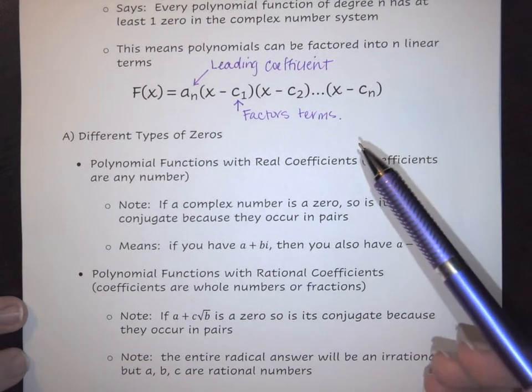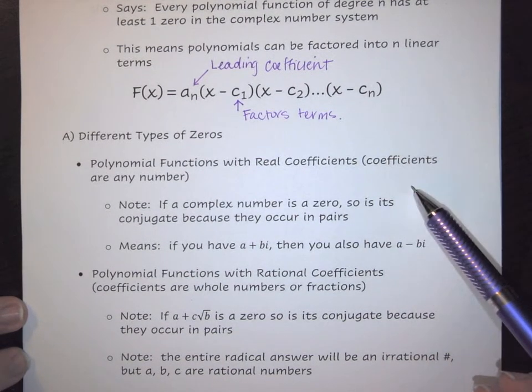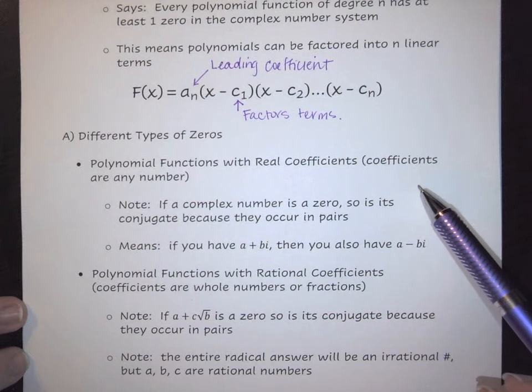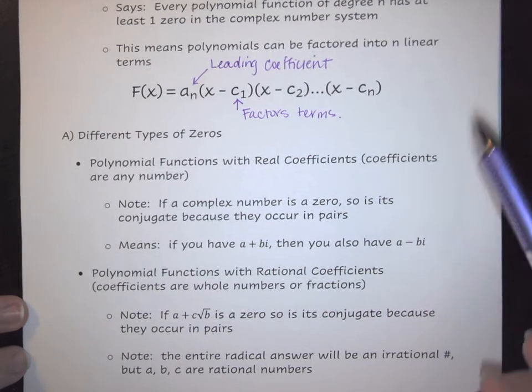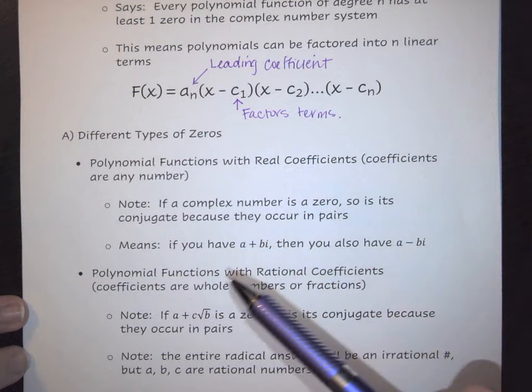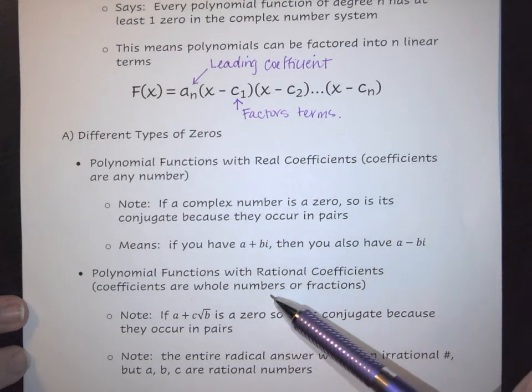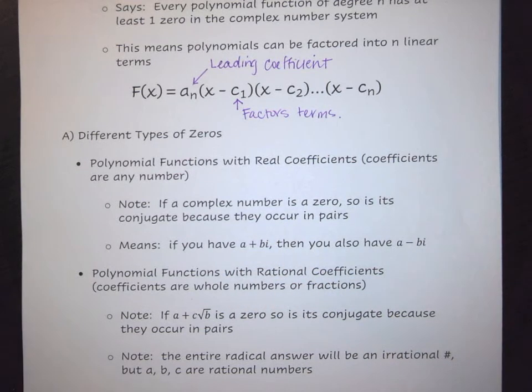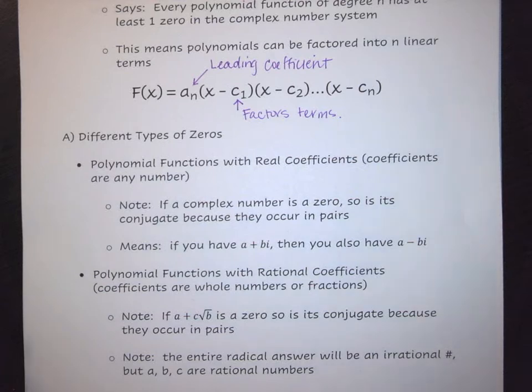Now, one of the things that we need to keep in mind is that we have different types of zeros. We have real coefficients, we have complex, and we have rational coefficients. Okay, so you kind of have to look at your polynomial as you go to see what's going on with it.